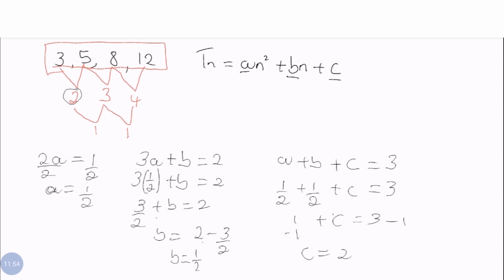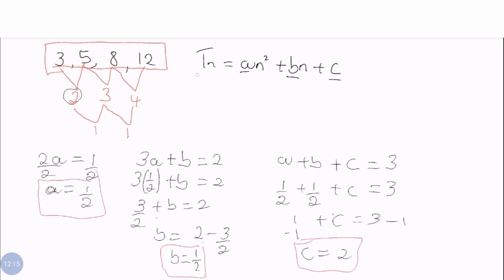So now we know the value of a, we know the value of b, we know the value of c, which means we can substitute on the standard equation now in order to get the equation of the quadratic pattern.